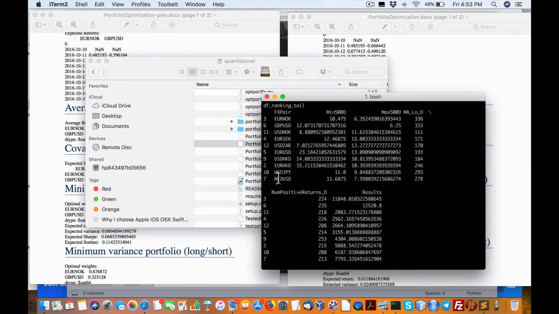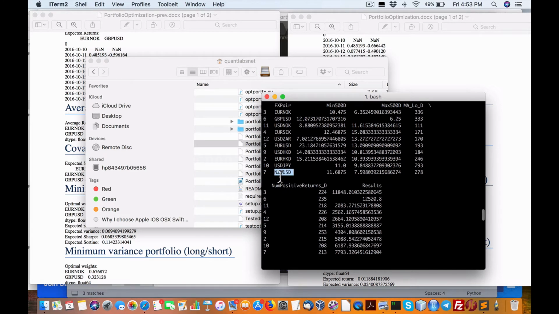There are 12 or 13 pairs here as a sampling, and the best one for expected returns is the Euro Norwegian kroner, and the lowest one would be the New Zealand US dollar. So these are the results of the ranking. So these are the best.